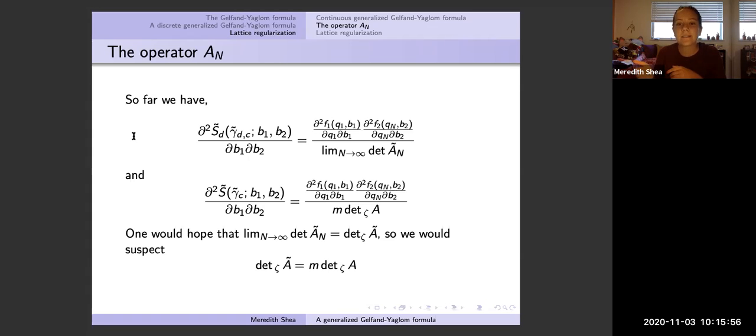So we might suspect that the zeta regularized determinant of A tilde was equal to M times the zeta regularized determinant of A. If this was true, then I could just plug it into this second formula here, and I get that nice generalized Gelfand-Yaglom formula I want in the continuous setting. I wholeheartedly believe this is true, but there's always been this underlying issue as we were working on all this stuff, that the zeta regularization of A tilde is funny.